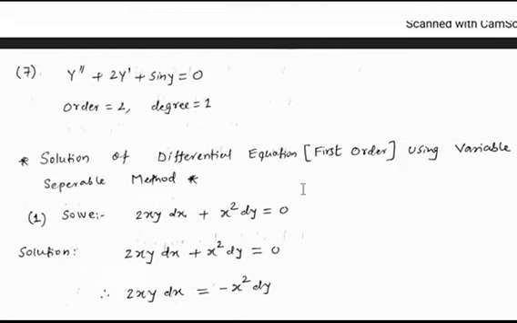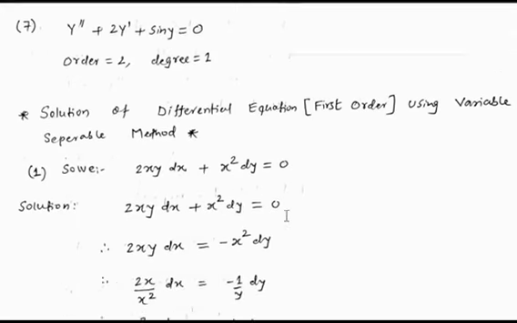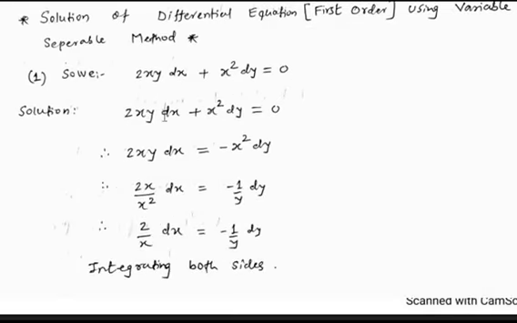Now we have to find out the solution of first order differential equation, and the name of the method is variable separable form. So the first one is 2x square dx plus x square dy equals 0, right? So the problem statement is 2x square dx plus x square dy equals 0.